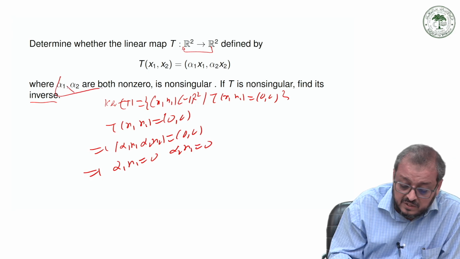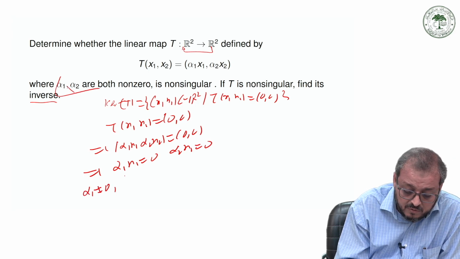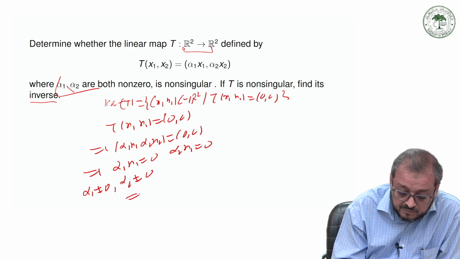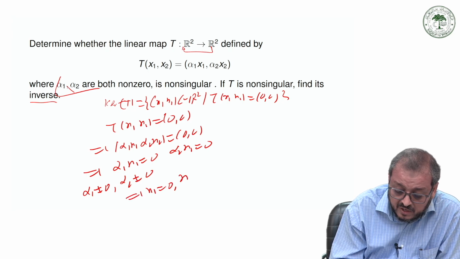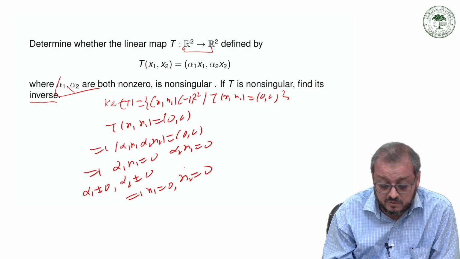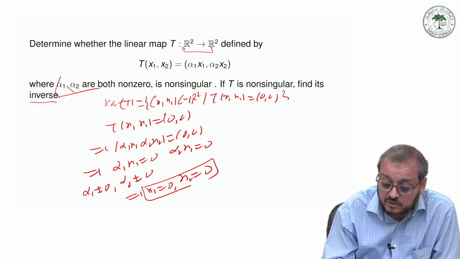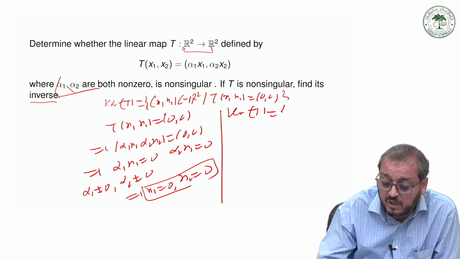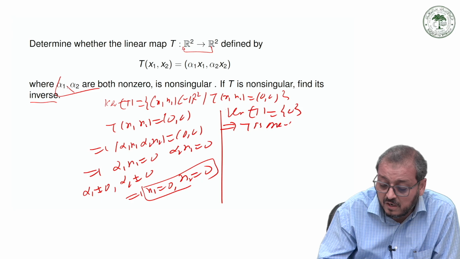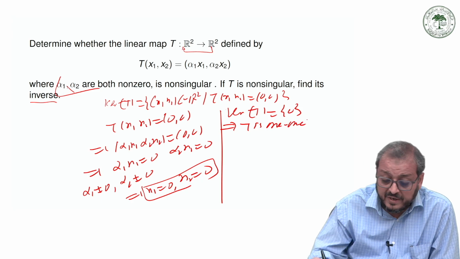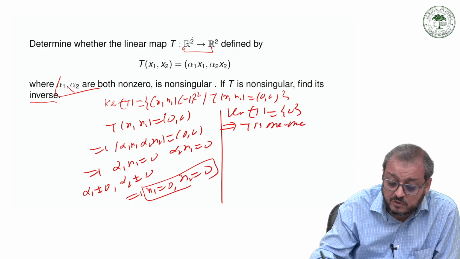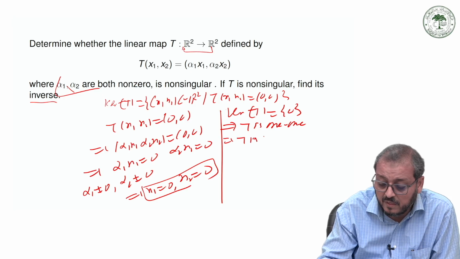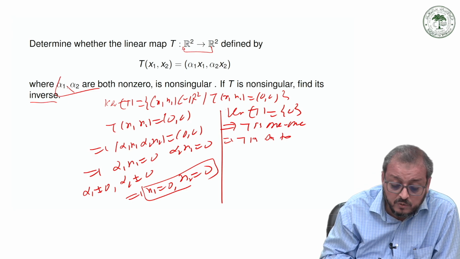Given that alpha 1 is not equal to 0 and alpha 2 is also not equal to 0, this implies that x1 is equal to 0 and x2 is also equal to 0. So both are 0, which means the kernel of T is the zero subspace. This implies that T is 1-1, and then by the theorem, T is also onto.